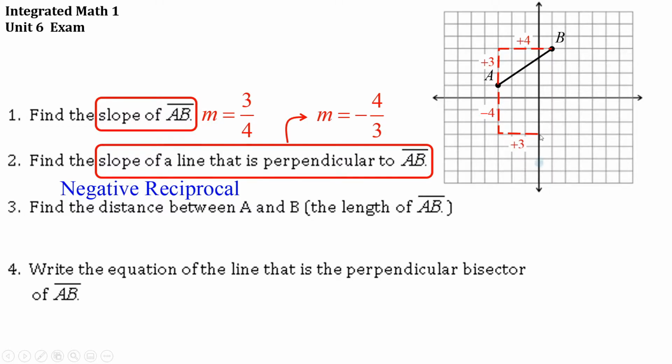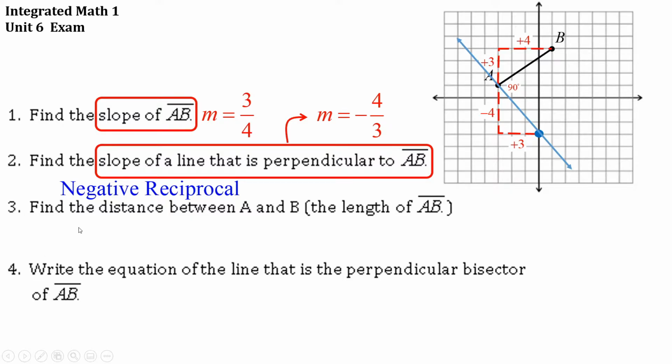And here's a point that would be on a line that is perpendicular to segment AB that goes through point A. Now, do you agree that that's a 90-degree angle right there? So that's the concept of perpendicular. You just have to understand lines that are perpendicular have slopes which are negative reciprocals of one another.